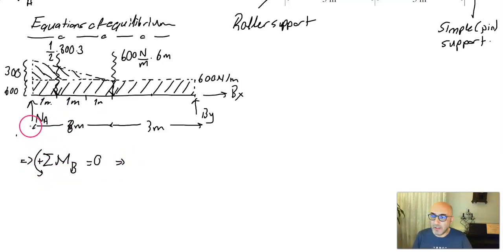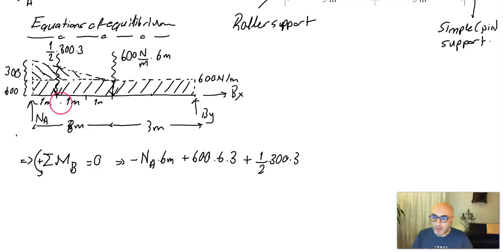So I'm having a negative NA times 6 meters, and I will be having plus 600 times 6, and the distance from here to here is 3 meters, plus the second equivalent force, 1/2 times 300 times 3, and the distance would be 3 plus 1 plus 1, 5 meters.